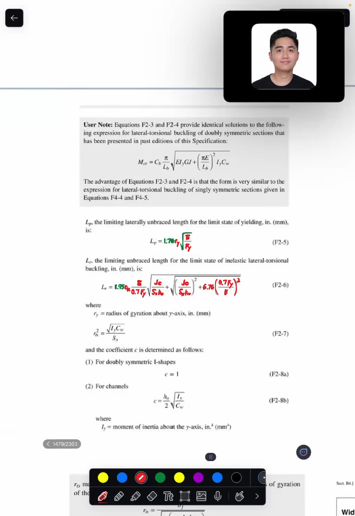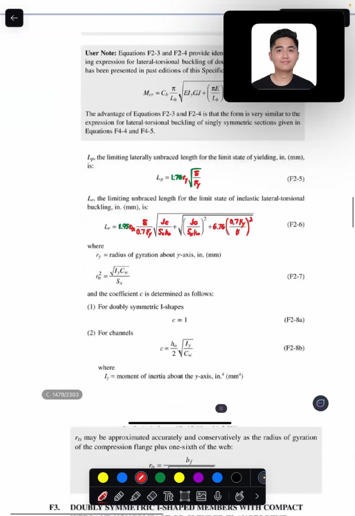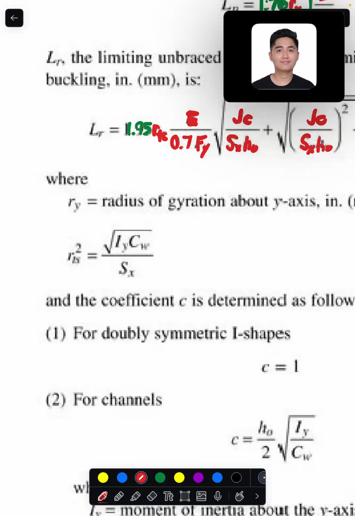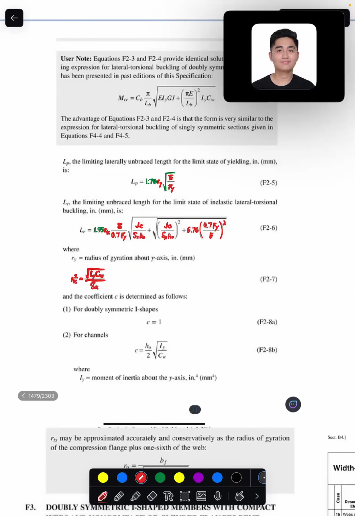So yan yung formula for L sub R. Tapos take note, kung halimbawa ang built-up section, hindi ka naman niya iiwanan na hanging in the air. So, meron kang formula for RTS squared. So, you simply have to take the square root of this term para makuha yung RTS na kailangan natin dito.